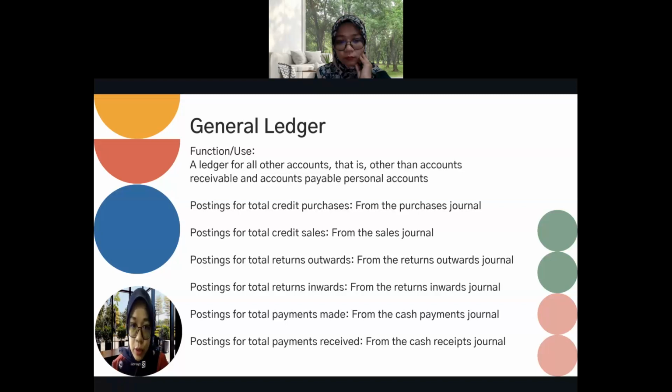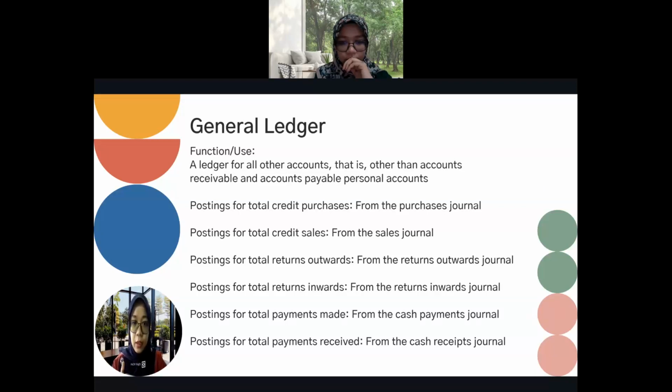The same goes for total credit sale: debit account receivable and credit sale, so the credit sale entry goes in the general ledger. Similar for total return outwards: debit account payable and credit return outwards. The debit account payable side is recorded in the account payable ledger, whereas the credit return outwards entry is posted in the general ledger.